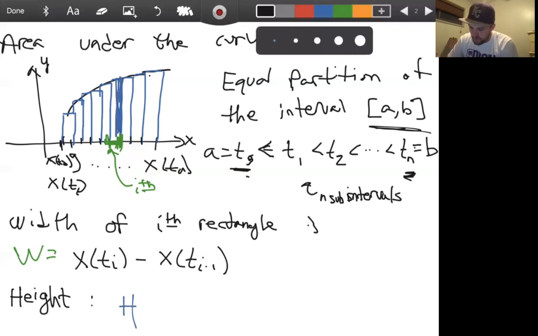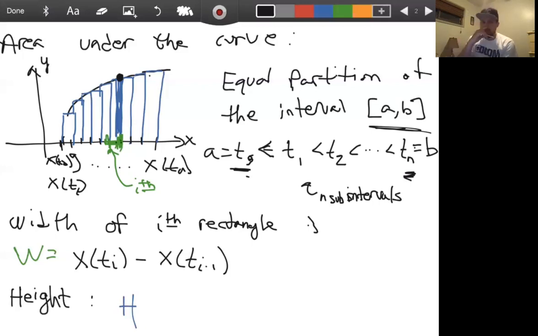Well, that simply corresponds to this point up here, which is y of whatever point it's over, right? And so to get this height here, we need to pick a point in the middle of the interval, right? Let's say that there's some t value in this interval.